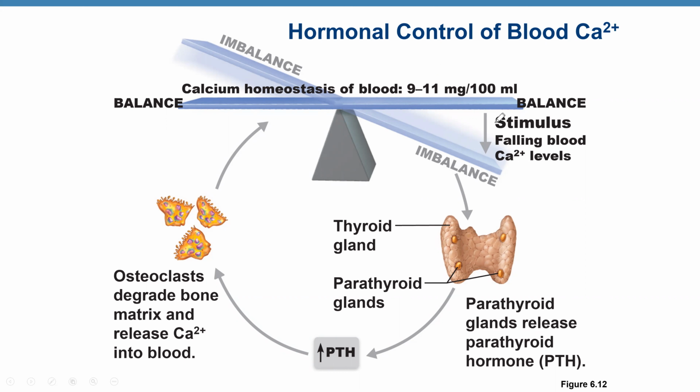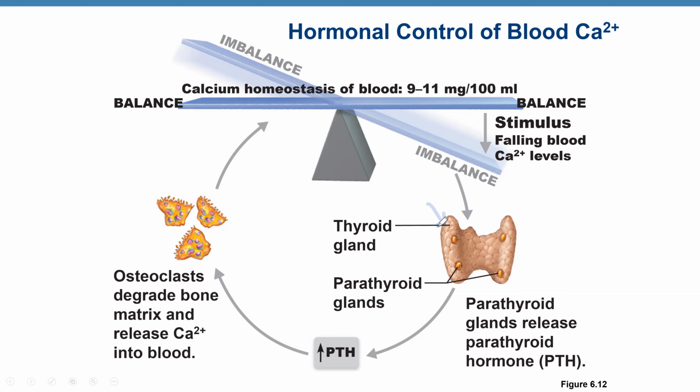Now, when the level of calcium in blood drops, so falling blood calcium level, that's a stimulus. So now your body is out of homeostatic balance. This will activate parathyroid glands to secrete parathyroid hormone. Now, parathyroid glands are 4 glands on the posterior side of the thyroid.